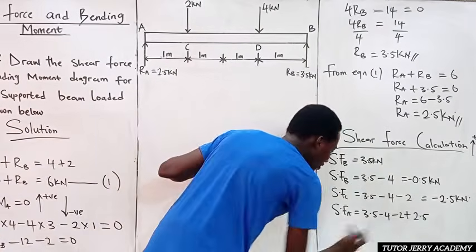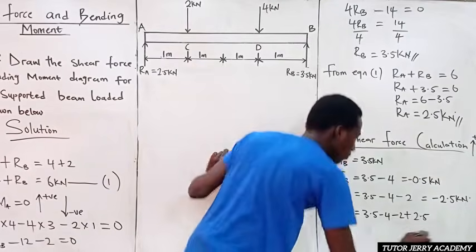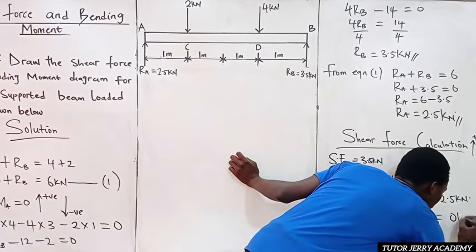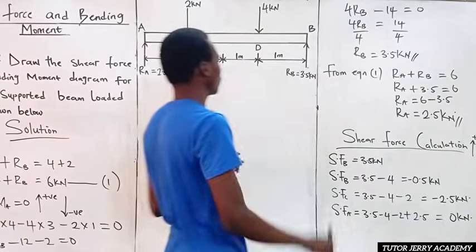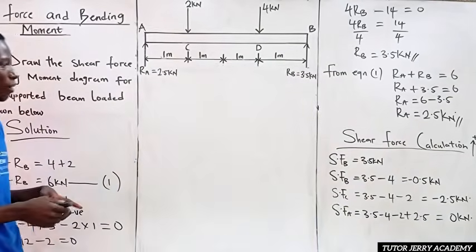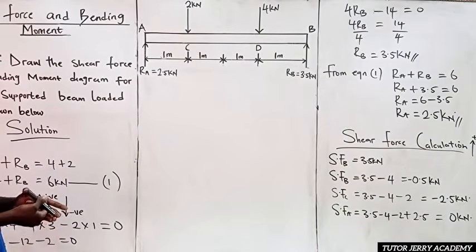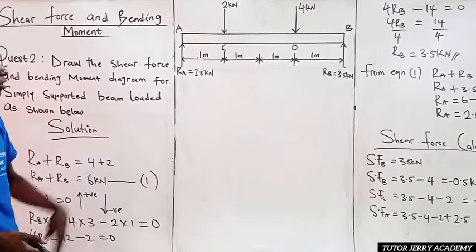So if you do this, you are going to have 0 kilonewton. So this is our shear force at all points of this simply supported beam.